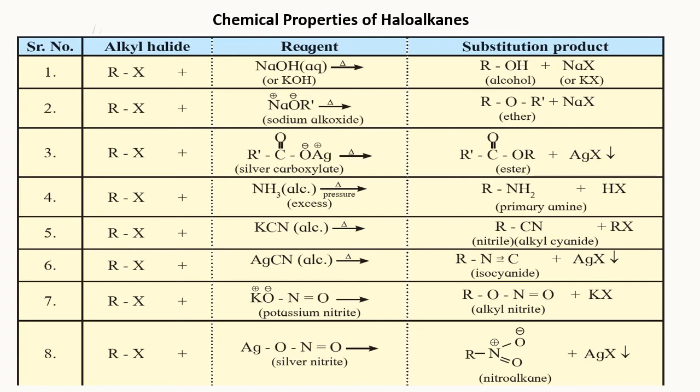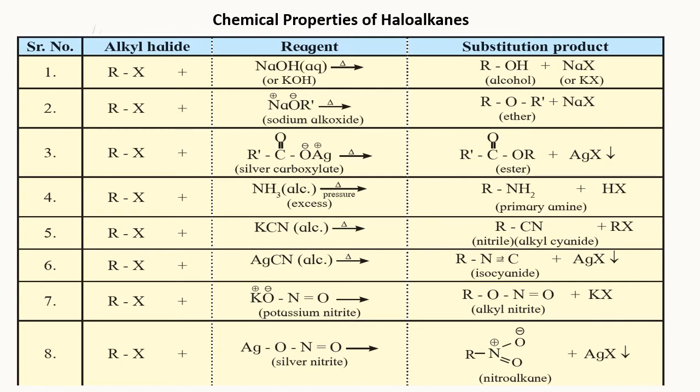For example, C2H5ONa, that is sodium ethoxide, plus C2H5Br giving rise to C2H5OC2H5, diethyl ether, plus side product NaBr.